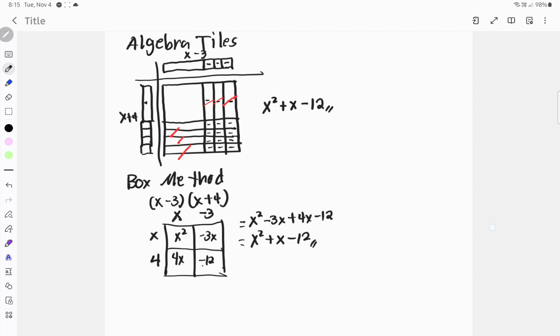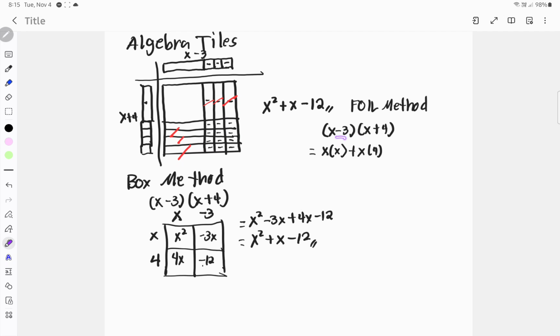Now, let's go with the FOIL method. Last one, FOIL method. Once again, copying the given, which is x minus 3 multiplied by x plus 4. First to first, x times x. Then x times 4. Here is the tricky part.